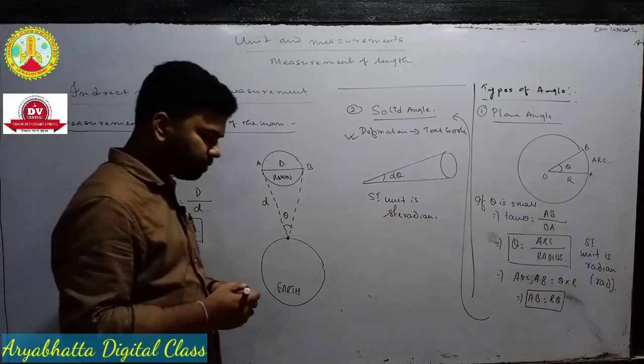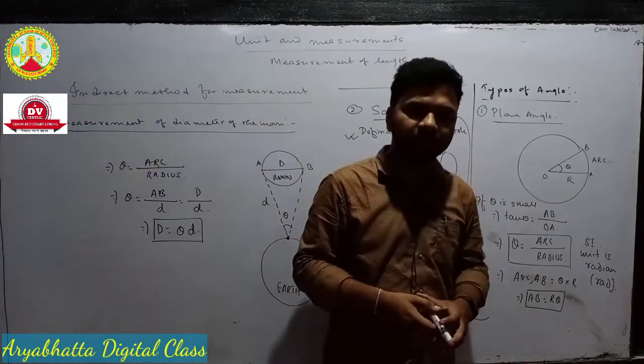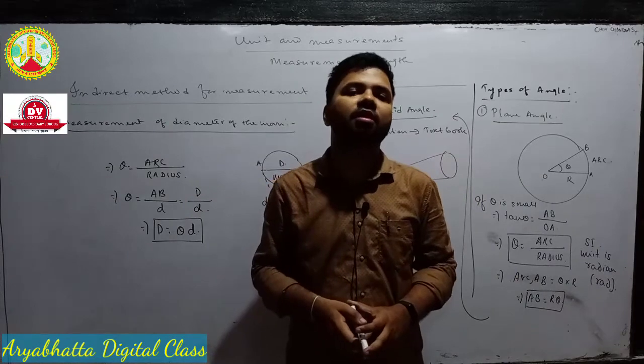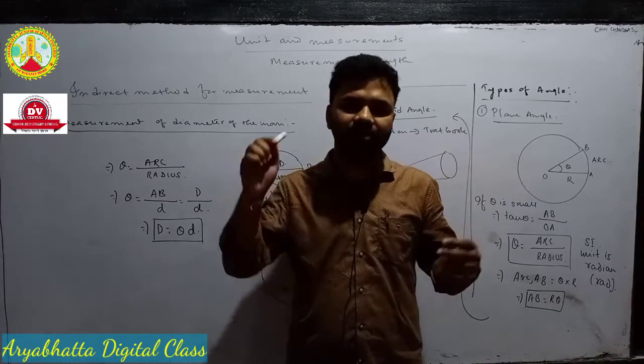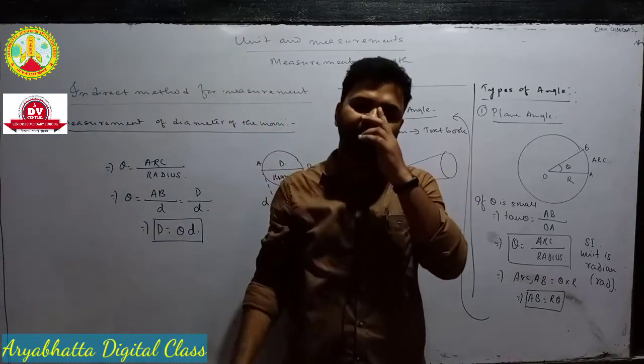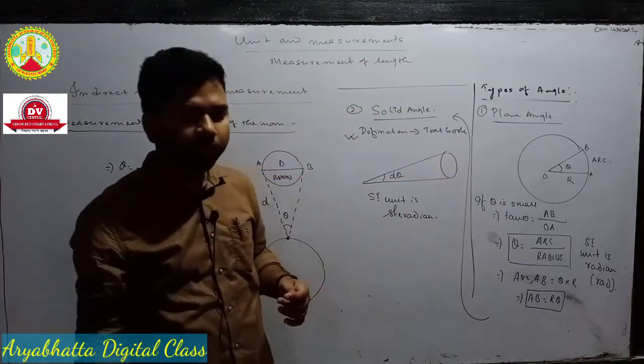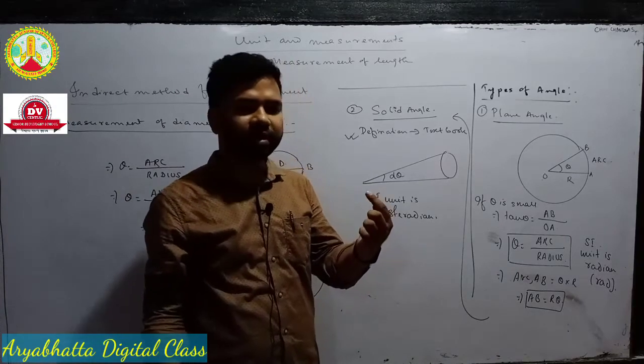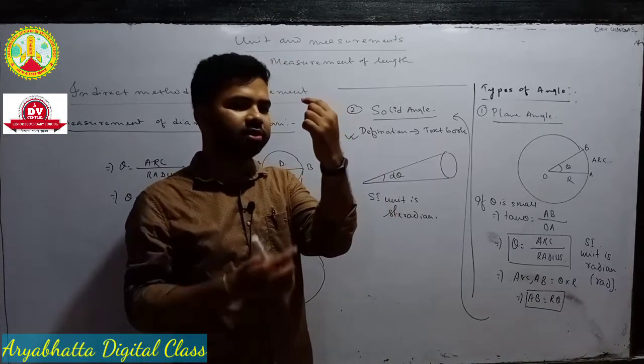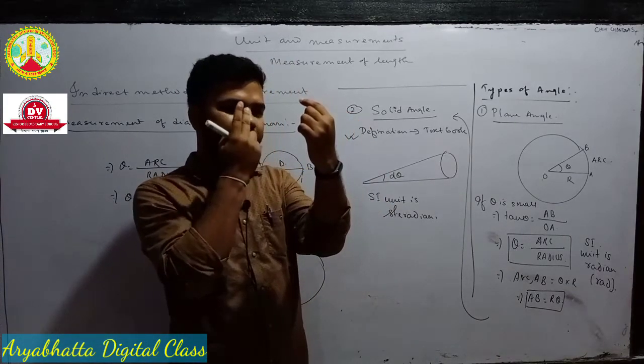Okay. Acha, one more important method for calculation of these large distances is your parallax. So this is also a kind of parallax. Now what do you mean by parallax? Dekho, this is a practical example. Keep your finger at this position and close one eye. Ek aankh band karo, then close this eye.